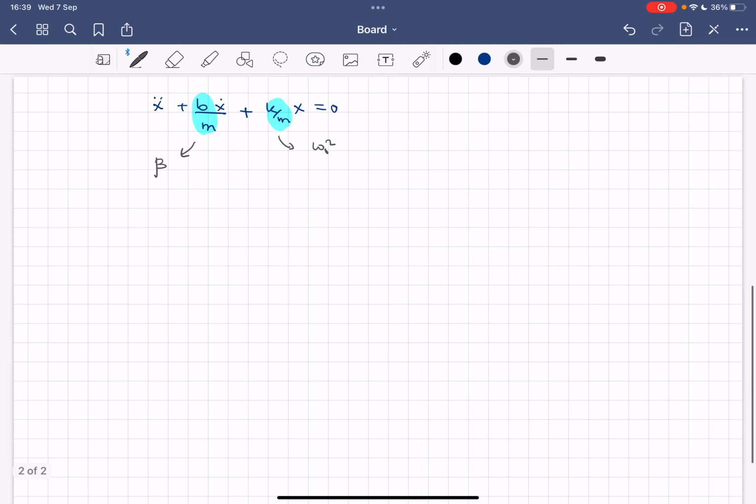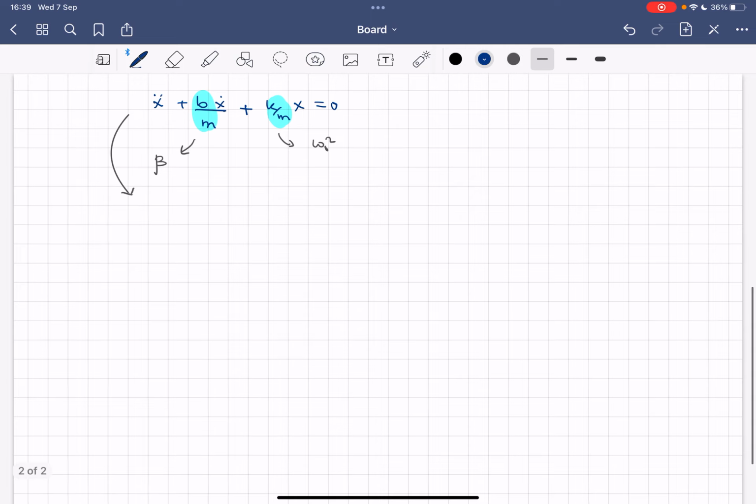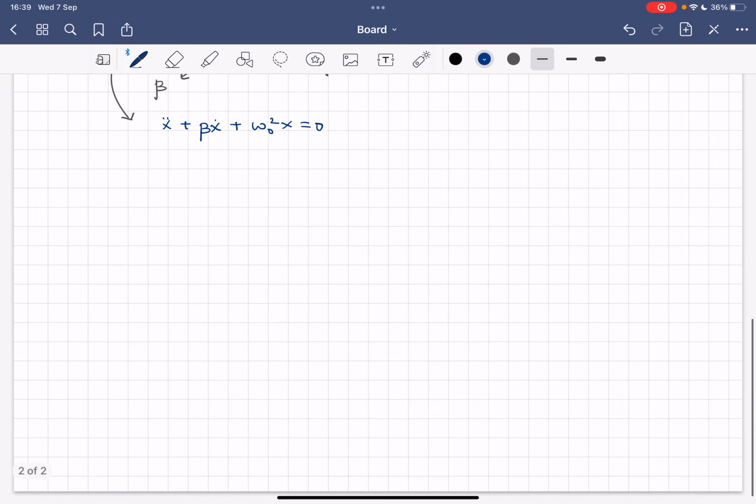So this differential equation turns into x double dot plus beta x dot plus omega naught squared times x equals 0. This is the differential equation which I need to solve.